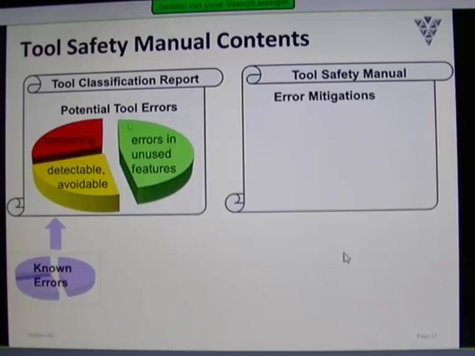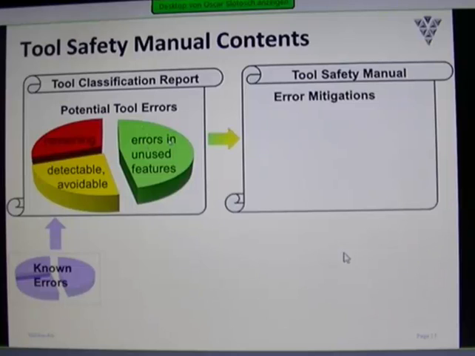And when you see here the set of all potential errors, there are three subsets, and one is the errors in the unused features. So if you have a disassembler in the compiler suite, then you say maybe the disassembler is not so interesting because I don't use it. So the errors in the unused features are something you don't care about.